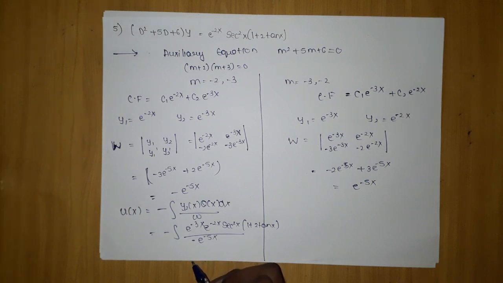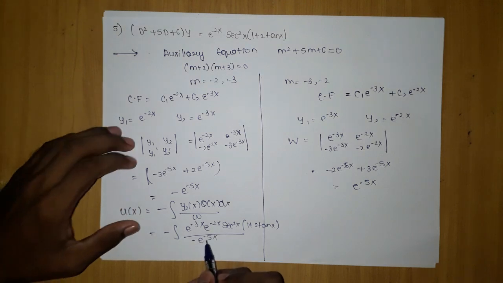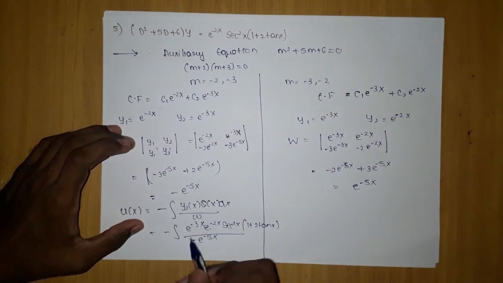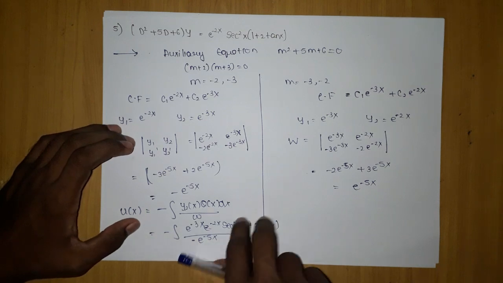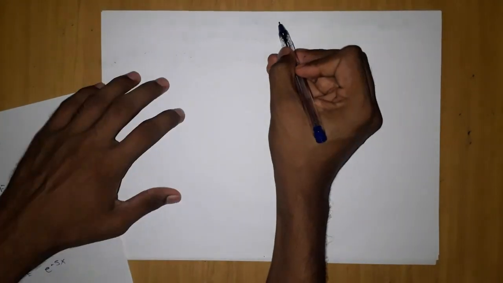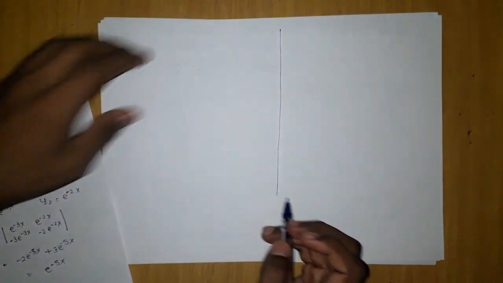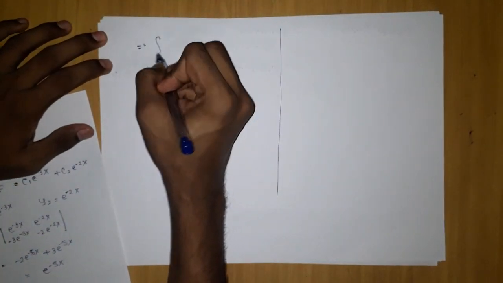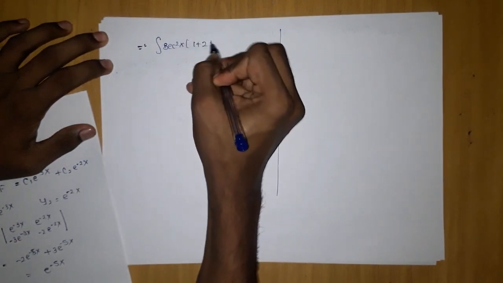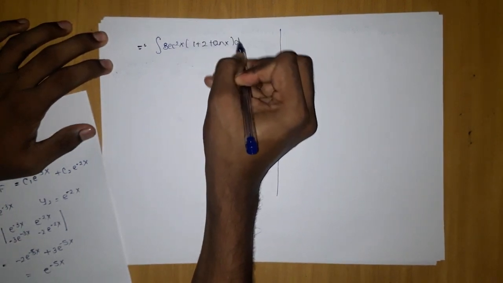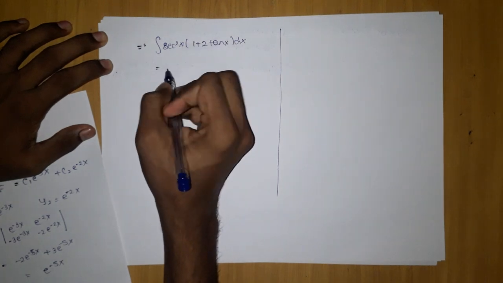So what is going to happen here is these two will cancel out, agree? So we are going to be left with a minus sign which will become plus. So I am going to solve here. If we solve, we are finally left with sec square x into 1 plus 2 tan x into dx.